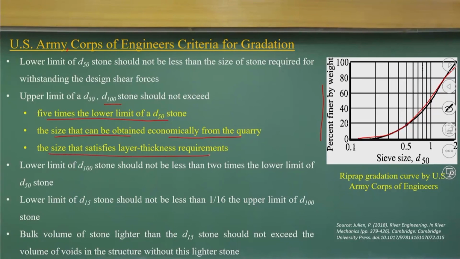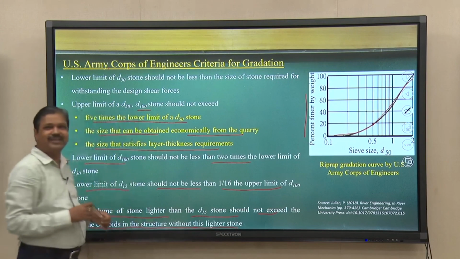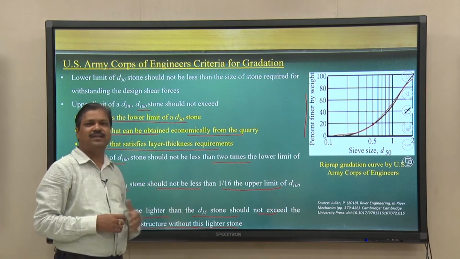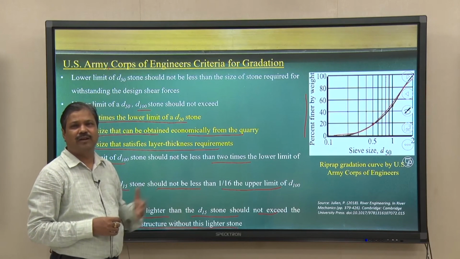The lower limit of D100 stones should be less than 2 times the lower limit of D50, and similarly the lower limit of D15 should not be less than 1/16th of the upper limit of D100. The bulk volume of stone lighter than D15 should not exceed the volume of the voids in the structure without these lighter stones. These are the design guidelines they have prepared, having a lot of experience in the stability of stone riprap.